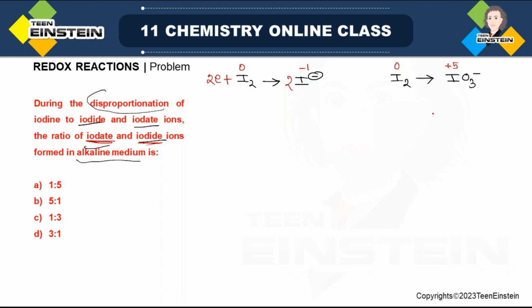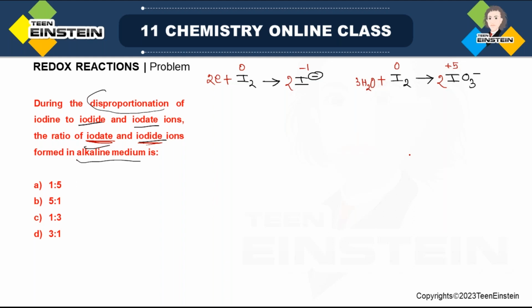Now on the other side, that is I2 to IO3 minus, first of all iodine: if we equate, both sides have 2 I atoms. Next, the oxygen number should be the same on both sides. So that is why I am adding 3H2O here.